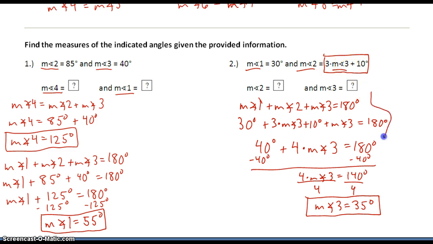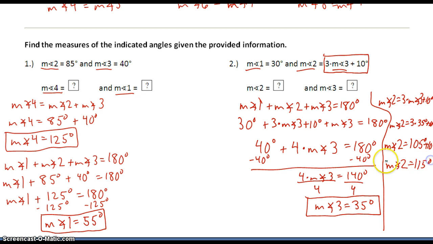So the measure of angle 2 equals 3 times the measure of angle 3 plus 10 degrees. So the measure of angle 2 is going to be 3 times 35 degrees plus 10. So the measure of angle 2 is 3 times 35, which is 105, plus 10. So the measure of angle 2 is going to be 115 degrees.